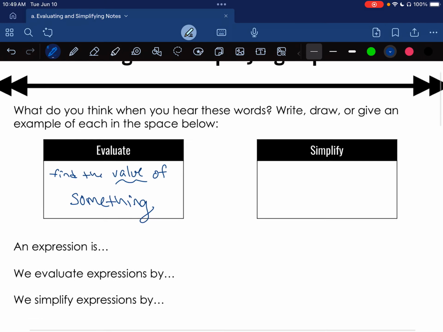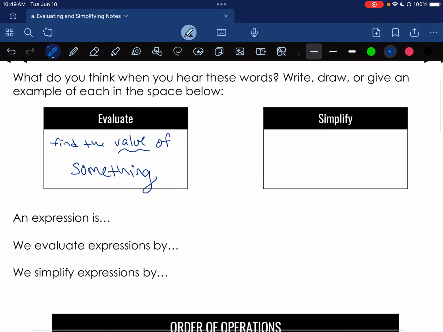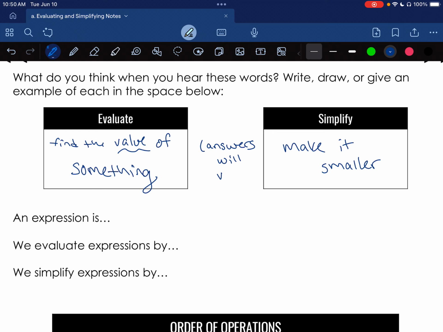You might have also, for simplify, said something like make it smaller or something like that. So answers are going to vary here. You might have drawn a picture or something like that.